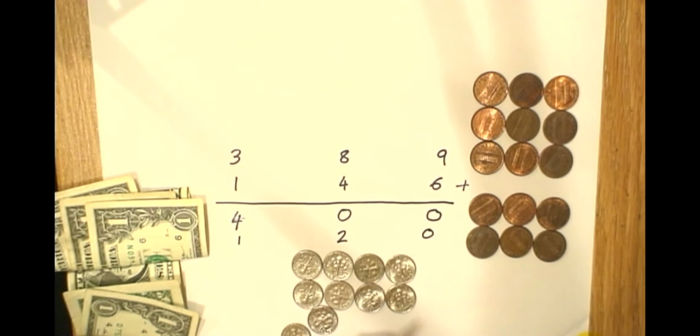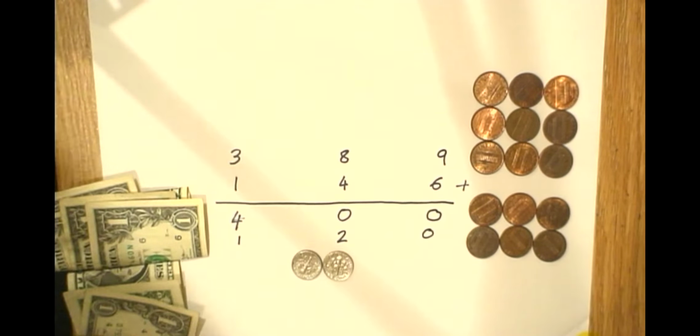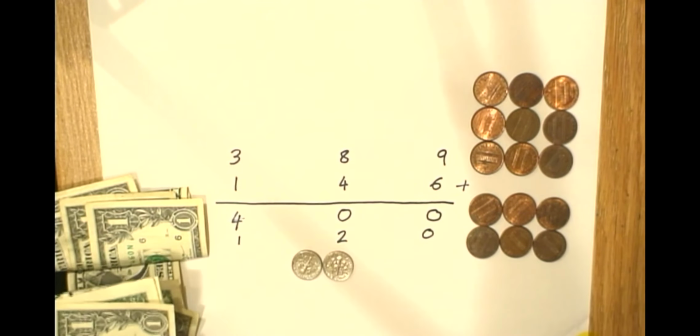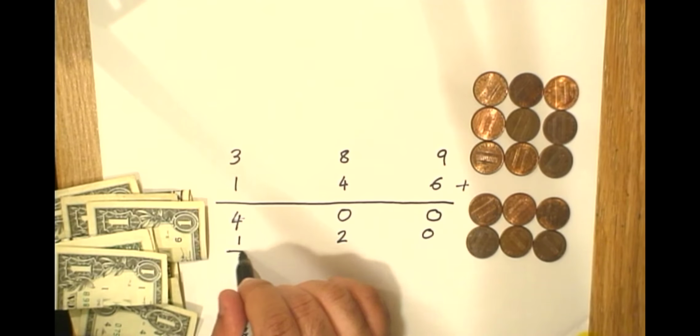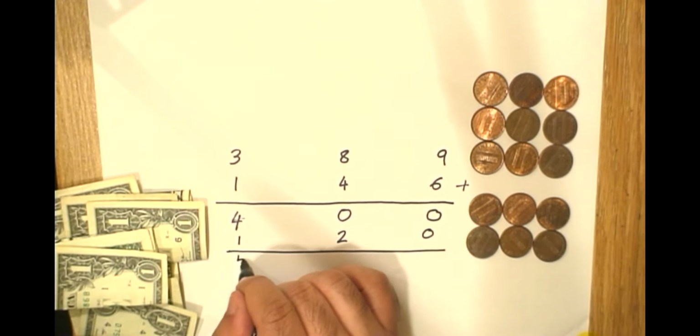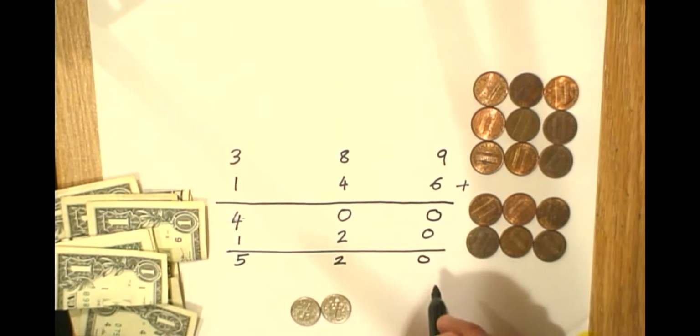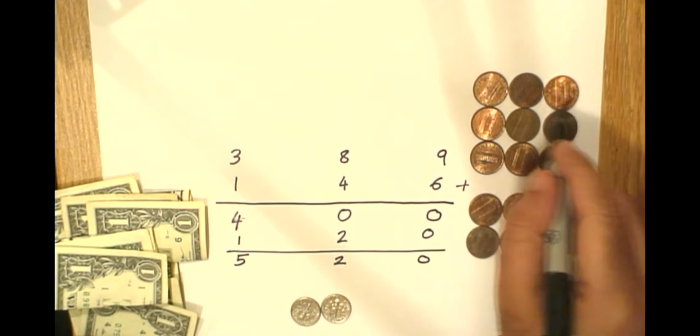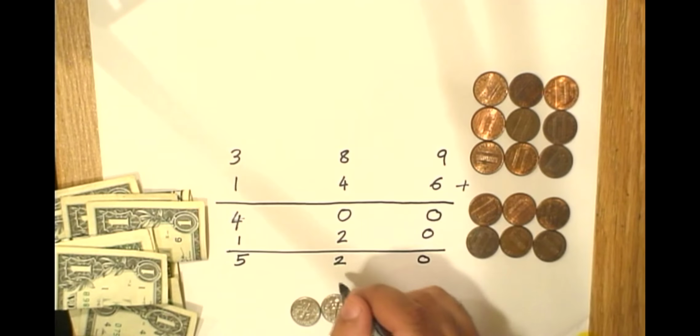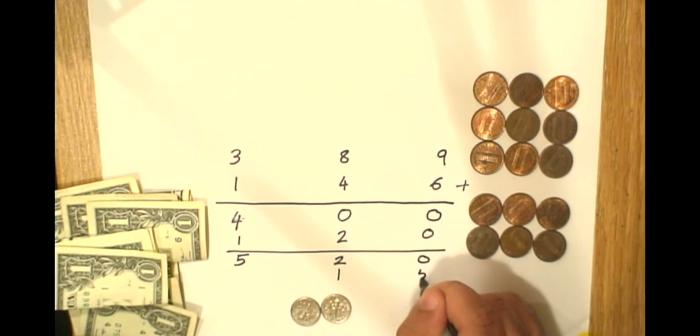And at this point, we can take all of these dimes and replace them with $1 to represent the carry. So adding these two together, we now have 520 cents overall before we have started adding the pennies. And the last step is to add the pennies. 9 pennies plus 6 pennies gives us 15 pennies.